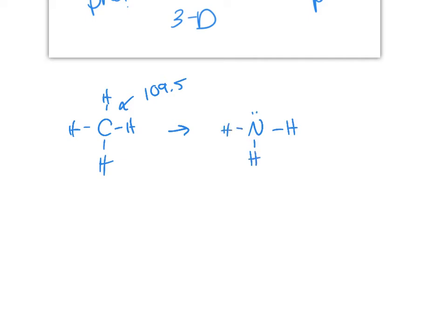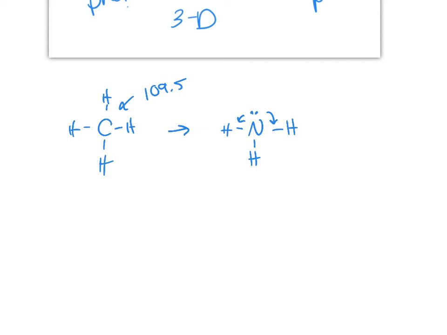We did this one already. We did CH4. So even though that looks like it's 90, it's 109.5, okay? As soon as I replace one of those hydrogens with a lone pair, like NH3, this lone pair repels those bonds more than the bonds repel the lone pair.